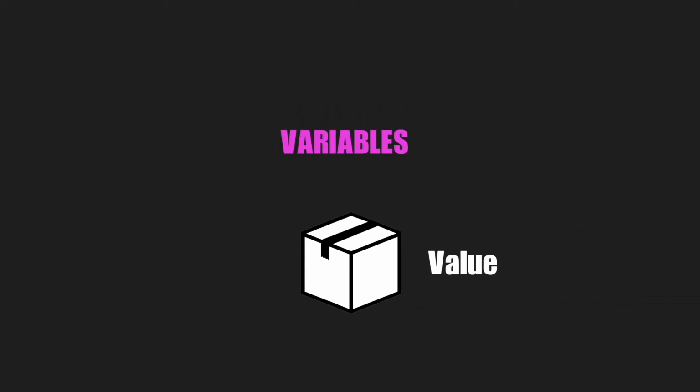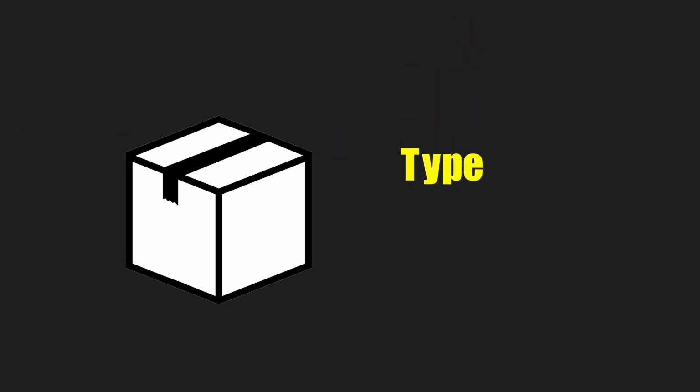What are they? You can imagine a variable like a small box which contains a value. The value inside this box has a type. It can be an integer variable, which has only an integer number, or it can be a float one, with a decimal number.